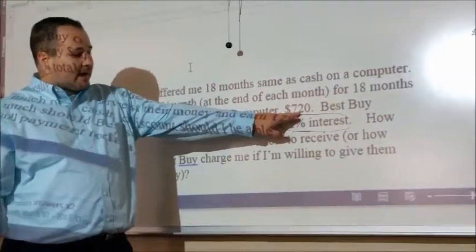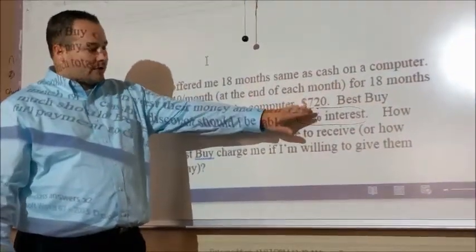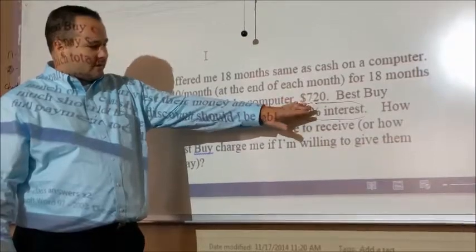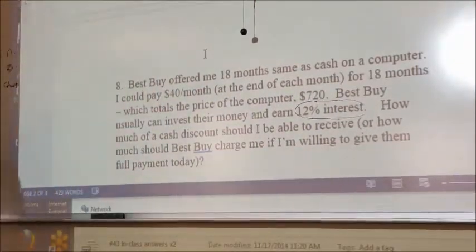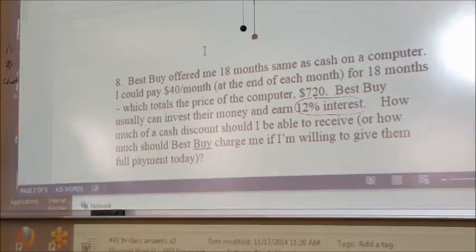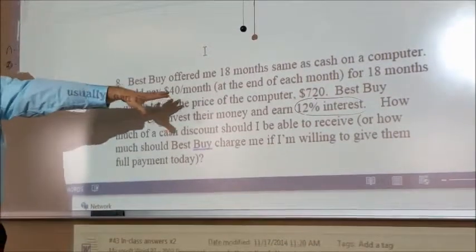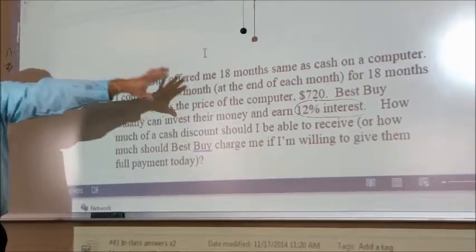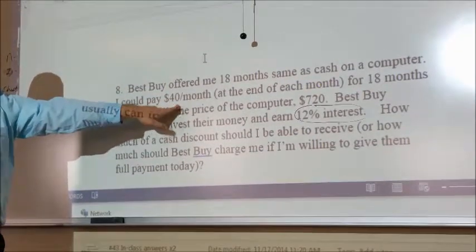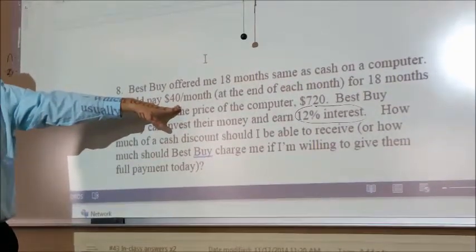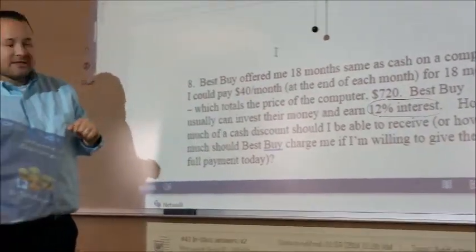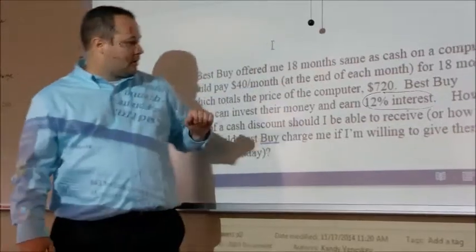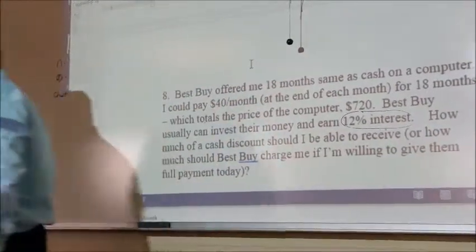So I go up to Best Buy, and I know not to ask the regular clerk at the register, because they wouldn't be able to do this. So I went to ask for the manager of that department. And I said, okay, since you're offering me 0 interest and I could pay it over 18 months, why don't I just pay you right now, same as cash? And I'll pay you the present value of $40 a month for 18 months.